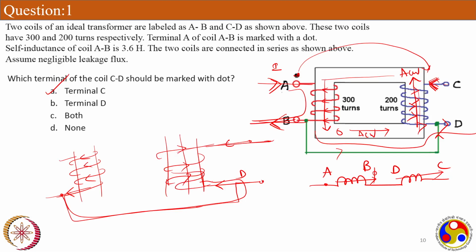Okay, now we have to mark the polarity. I mean the dot should be at D, I guess, but B and C have the same potential.